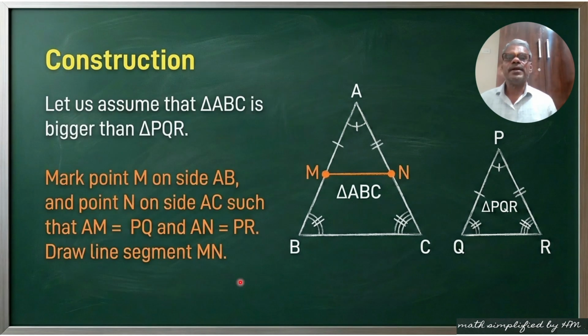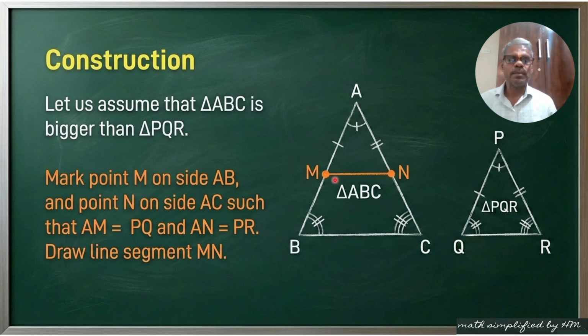To get started, we need to do a little geometric construction. Let us assume that triangle ABC is bigger than triangle PQR. So we can make a point M on side AB and point N on side AC such that AM is equal to PQ and AN is equal to PR.